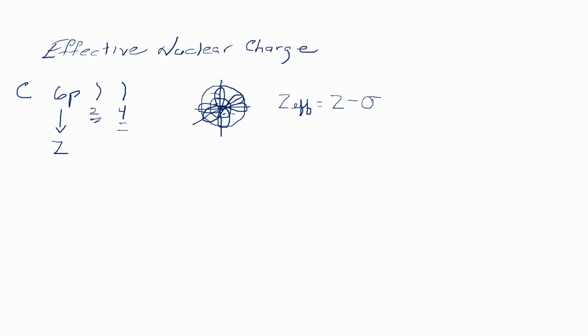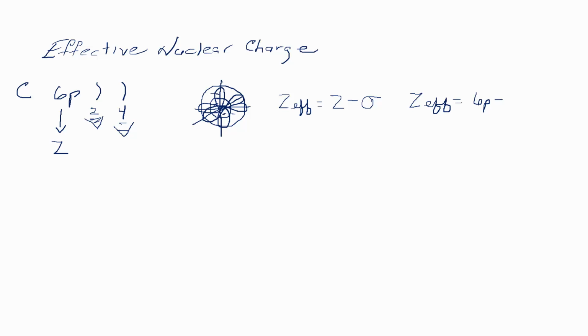We're going to say that Z effective is equal to the actual charge, so for carbon it's 6 protons, minus the number of inner shell electrons or core electrons. When we look at carbon here, the 4 electrons in the valence shell, the outer shell, and the 2 electrons here are the inner shell.